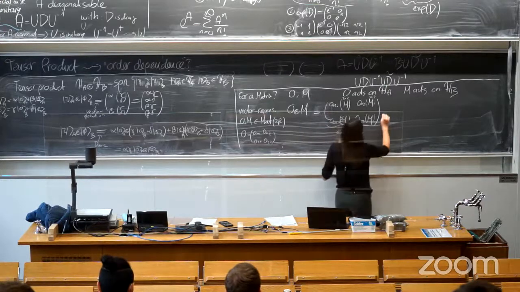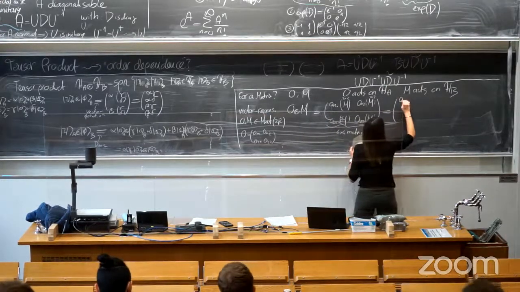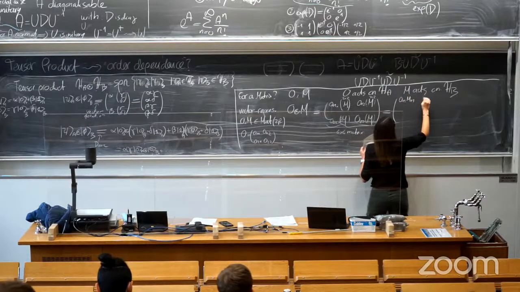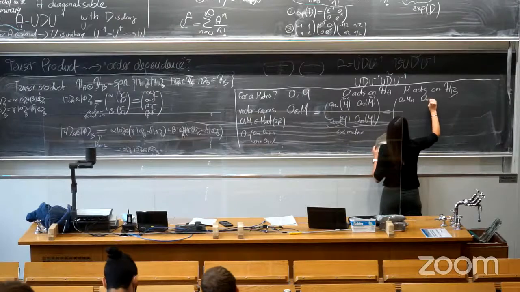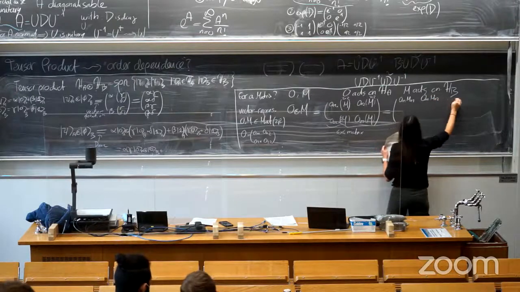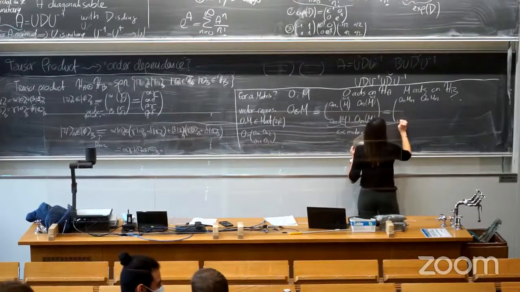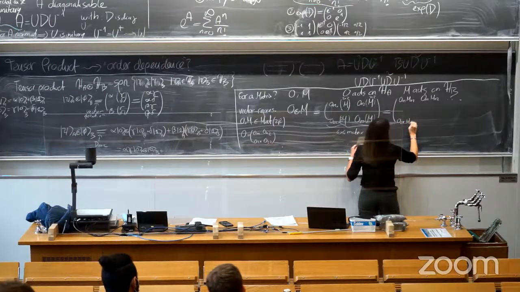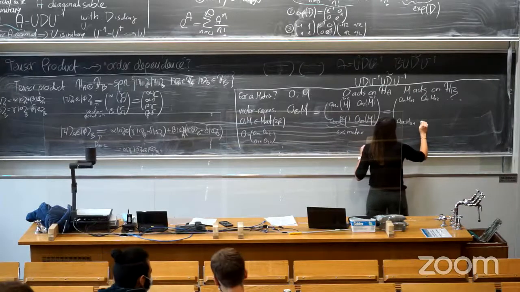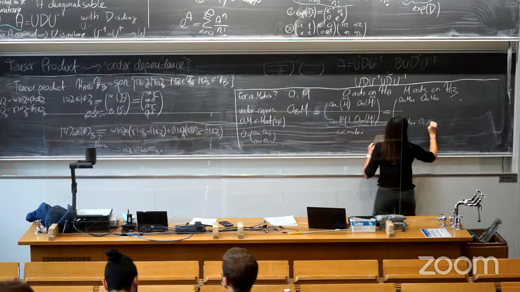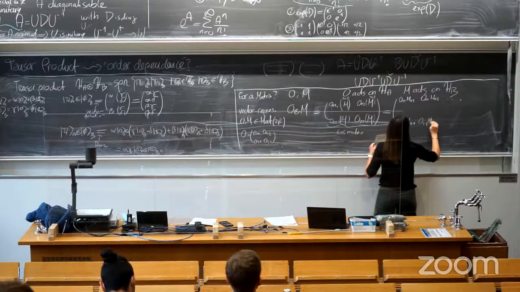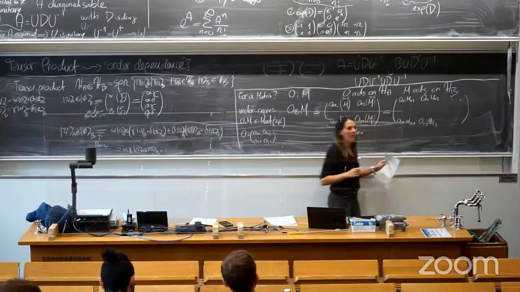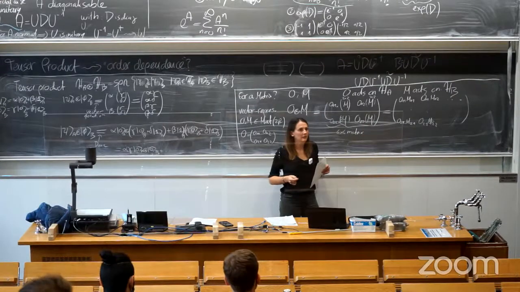The first element will be O11 times M11, the second element is O11 times M12. Here I will have O21 times M21, O21 times M22, and so on. Is that clear?